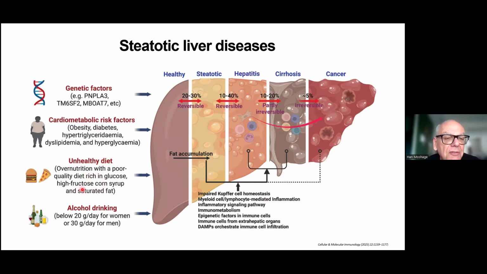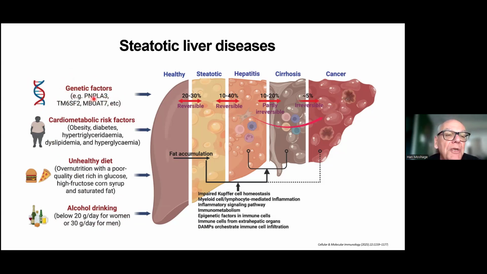That is a risk factor for developing fatty liver. Also, alcohol drinking is a risk factor, but there are also genetic factors. So certain genetic variants imply a higher risk for fatty liver than other variants of these genes.